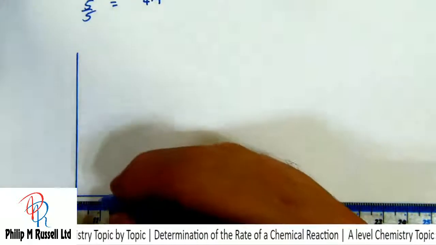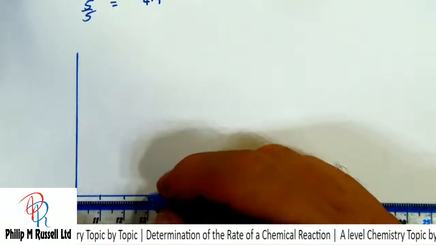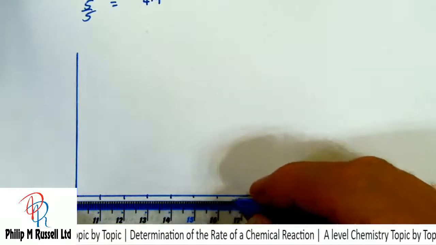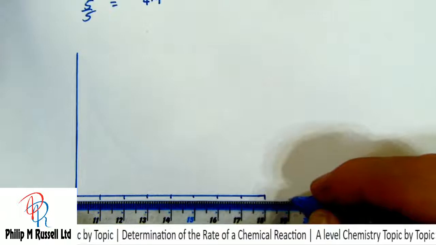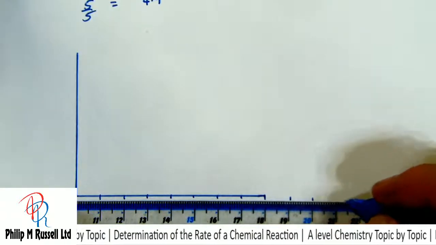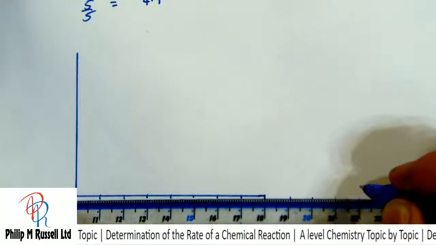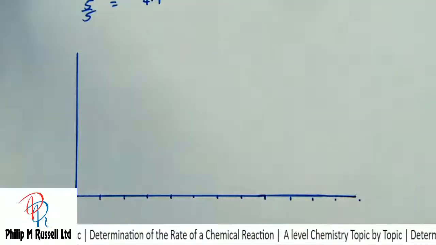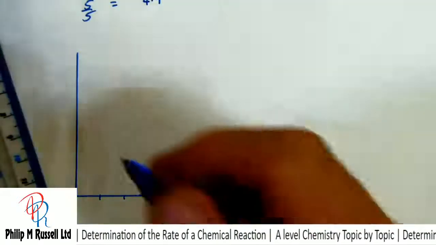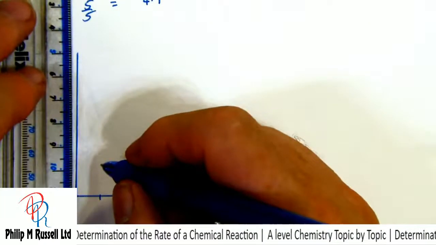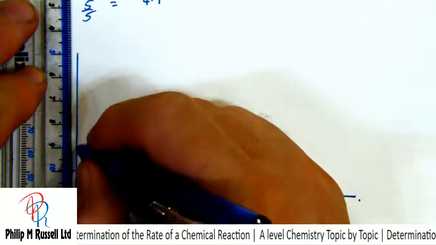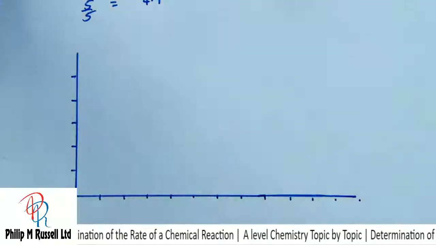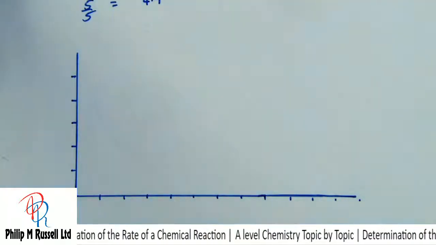Now what I'm going to do is a very crude graph here. I'll make that one a bit longer. Right, so let's set up some parameters here and see what we've got.